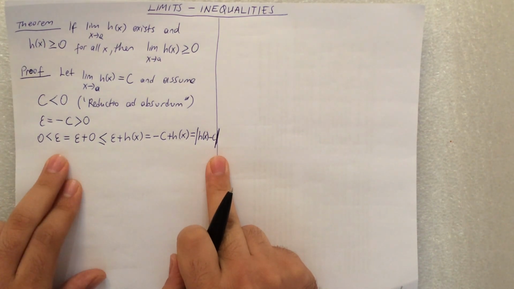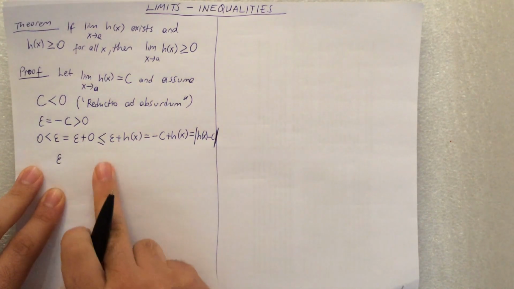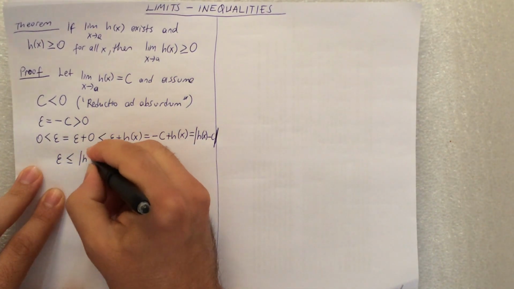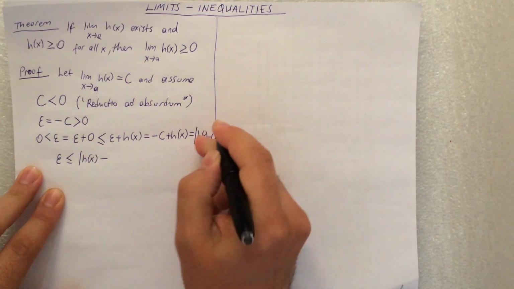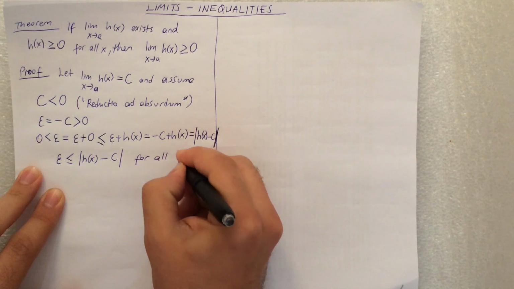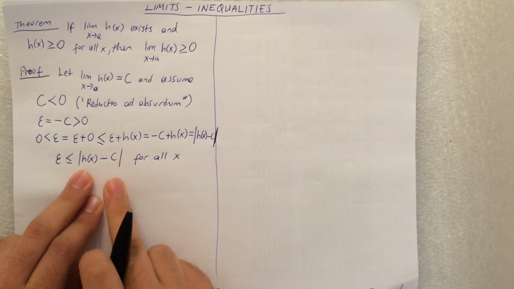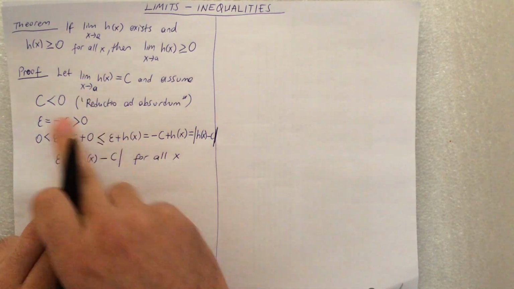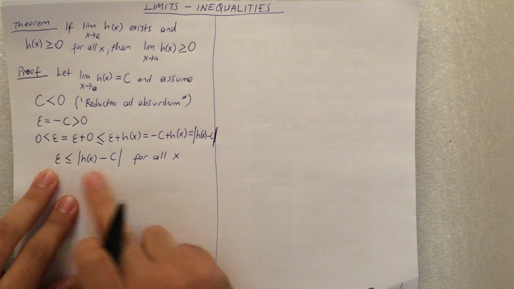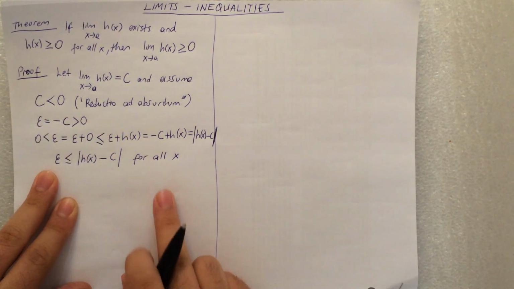And then we see that epsilon is less than or equal to the absolute value of h(x) minus c for all x, because we have not assumed anything other than this one. So this is true for all x if c were negative.